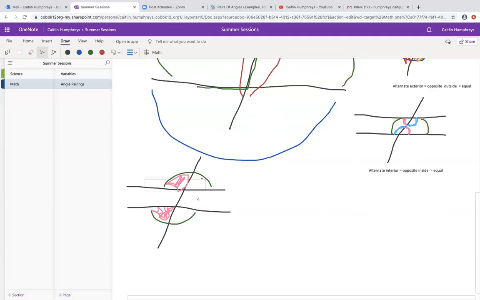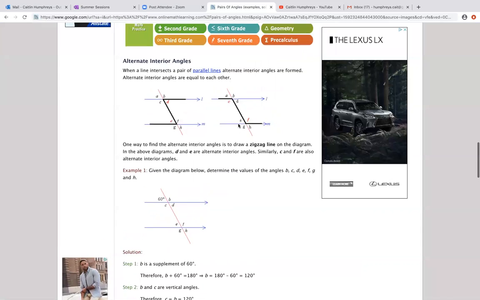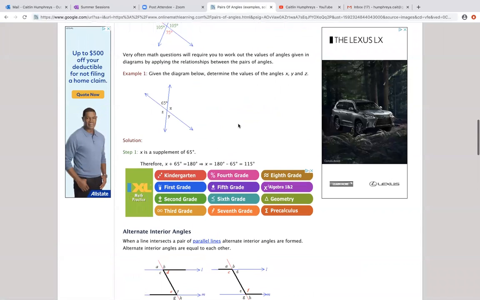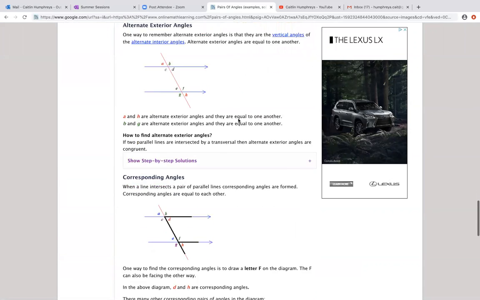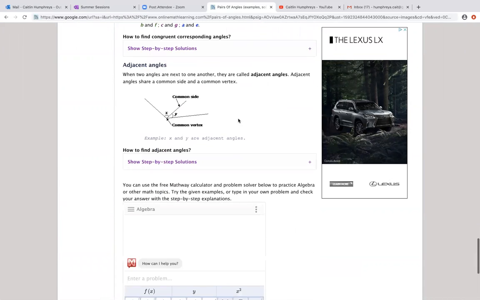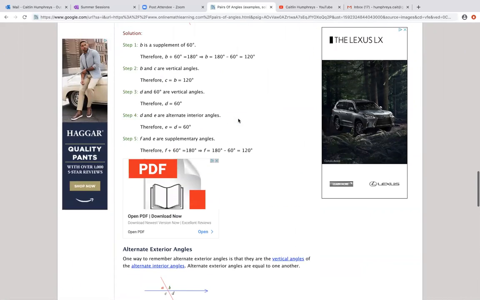Hold on. So same side. Now, let me ask you. Let's see if this explains it better. Somebody's just struggling to explain this. Same side interior. Oh, they don't have same side interior out here. Okay.